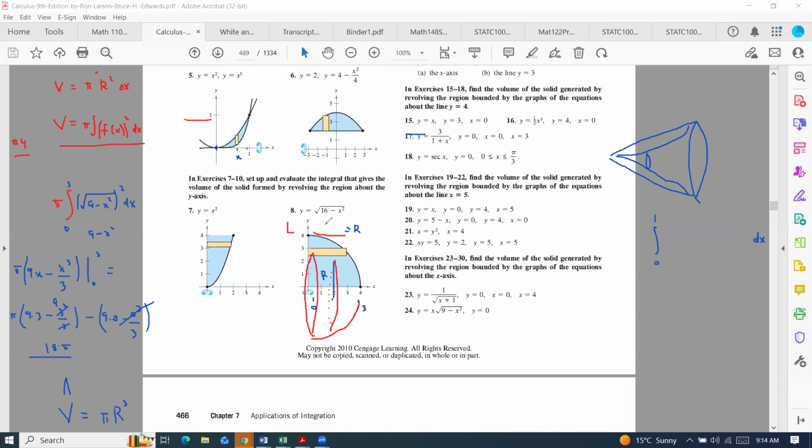And then I need to subtract from the volume of the one on the outside, the big cone, the one with the radius, let's say capital R. For the big one, I'll use big R.